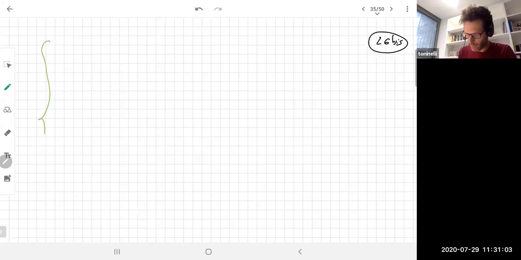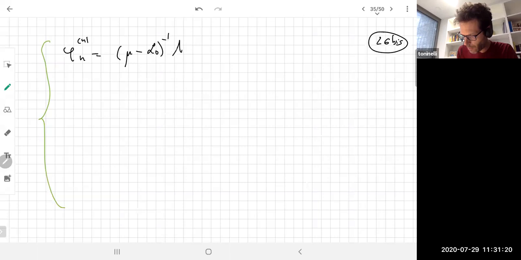So how does the solution to this system look? Well, the first one is easy. You get that phi n is simply mu minus L0 inverse times a plus phi n minus 1. Of course, phi n minus 1 we don't know yet what it is, but it will be done iteratively. And then we go to the second equation. I will not do more than 2, but I guess now it's clear what one does.